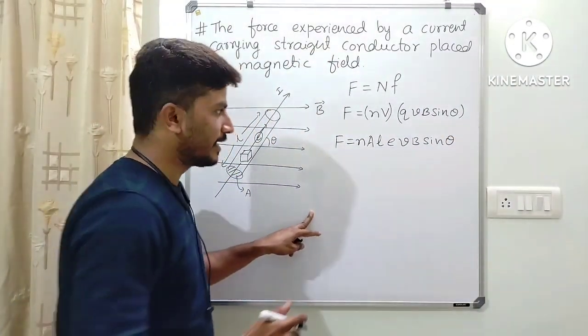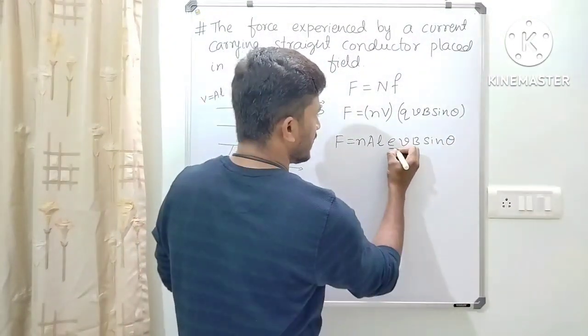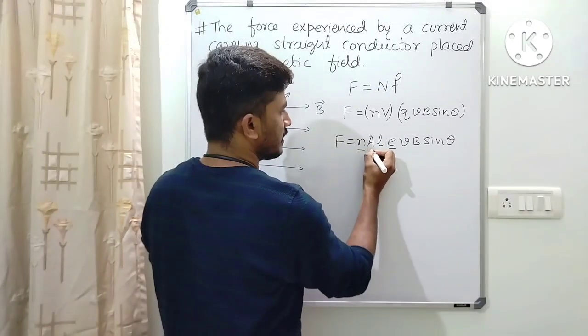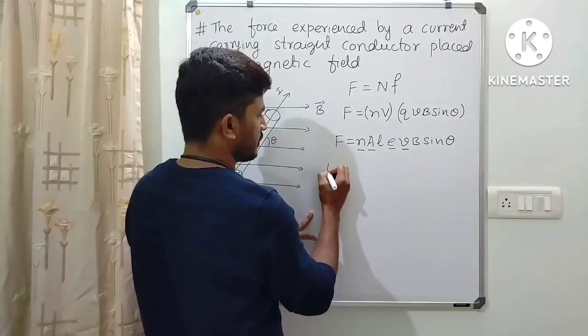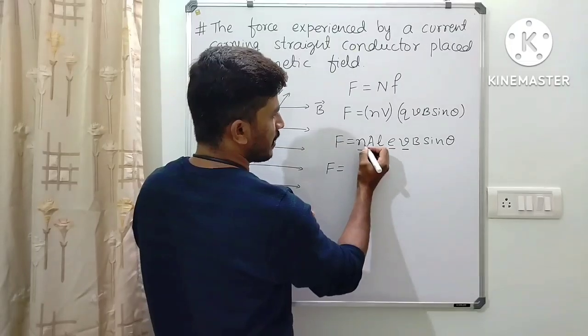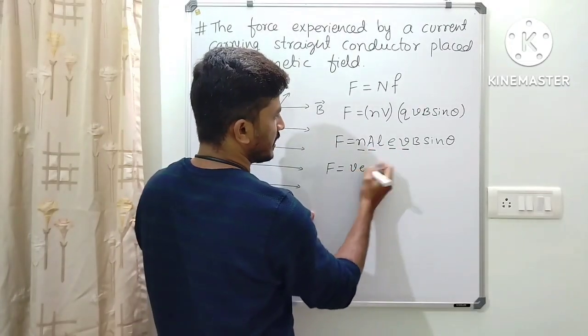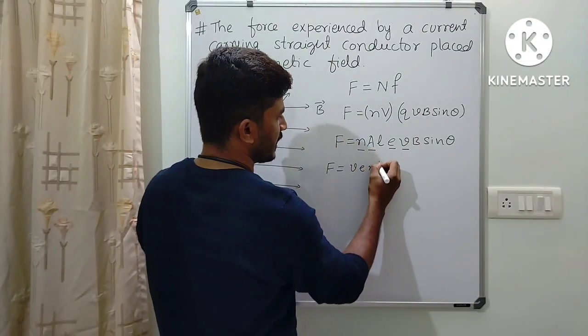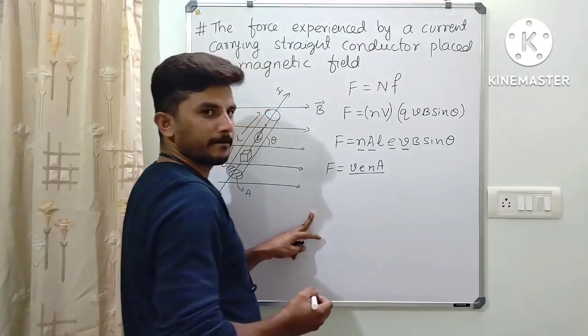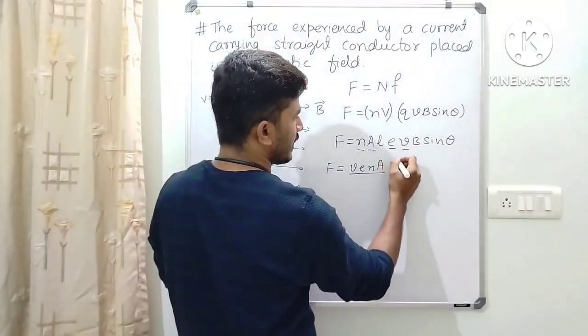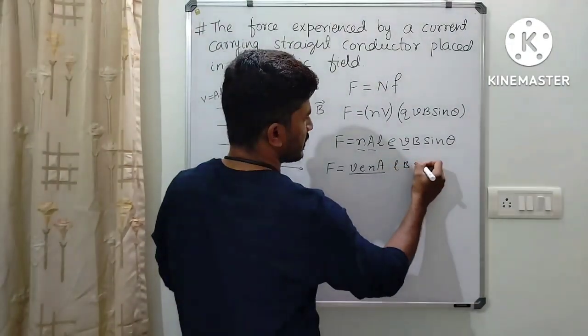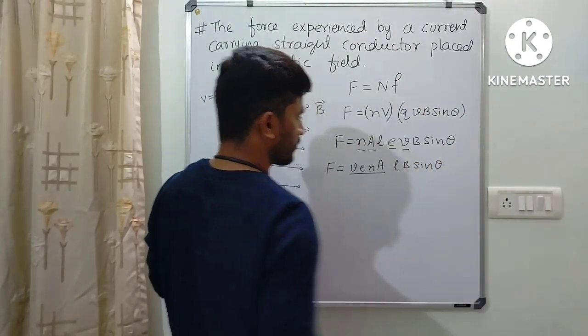So here I write E N A V separately, and L B sin theta.